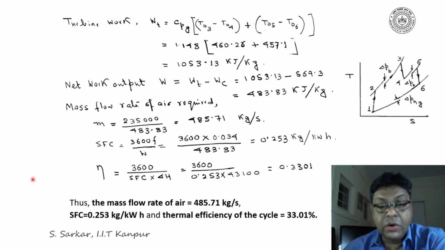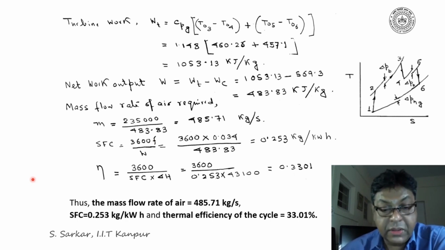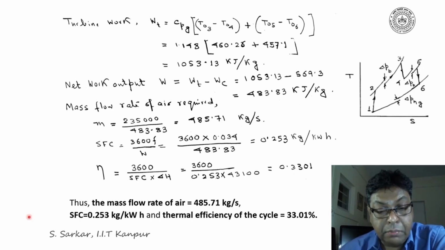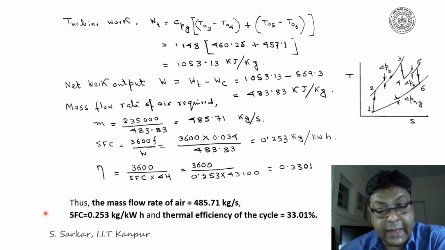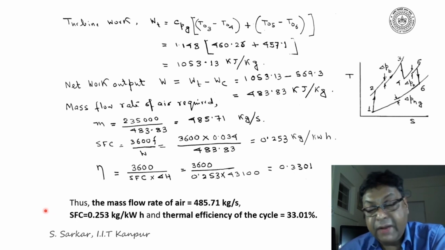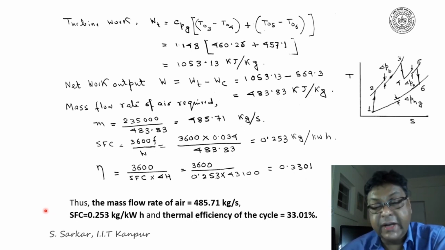Thus, I have got all the required values, and the answers are: mass flow rate of air equal to 485.71 kg per second, specific fuel consumption as 0.253 kg per kilowatt hour, and thermal efficiency as 33.01.